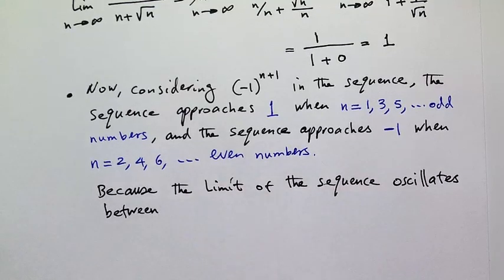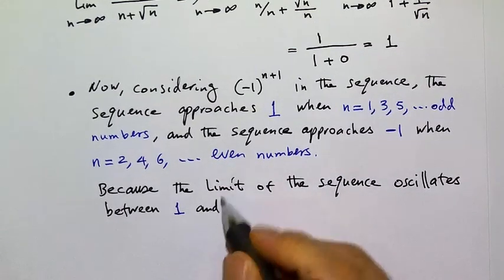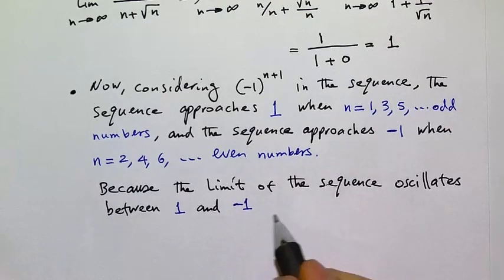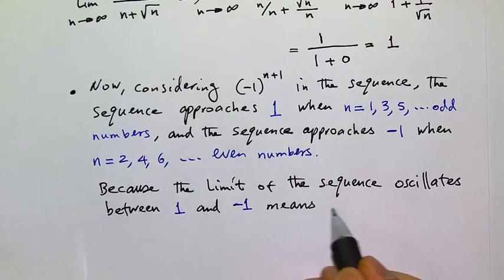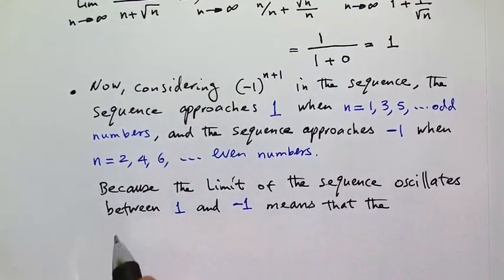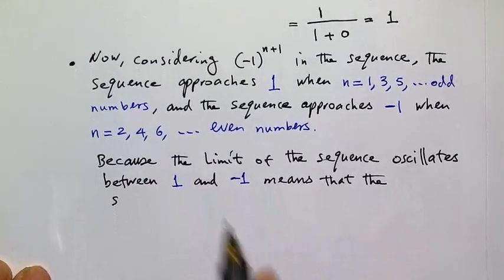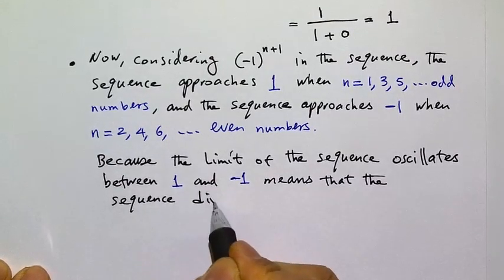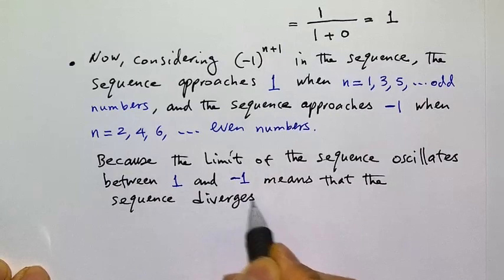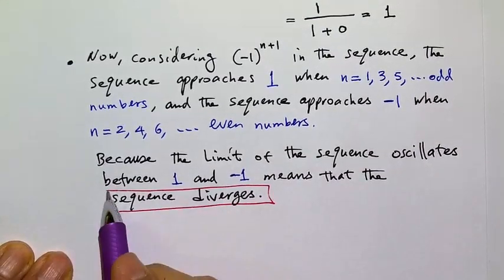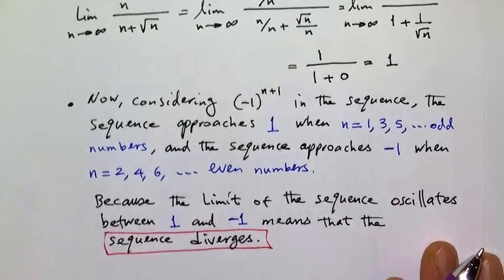Between 1 and -1, the sequence diverges. Okay, like that.